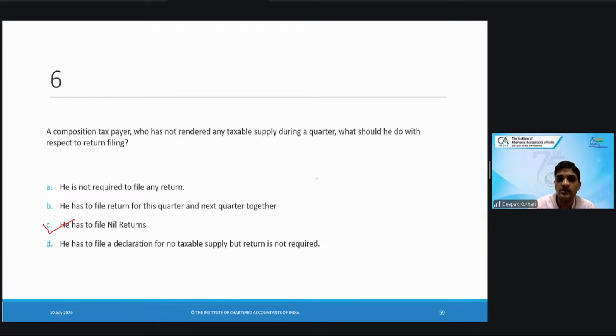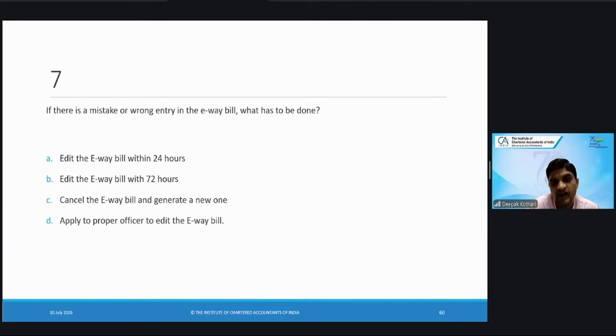Like GST, the thing is once you're registered, if you don't have transactions, there's no option of not filing, you have to file nil returns. Yes, yes, to all registered persons.